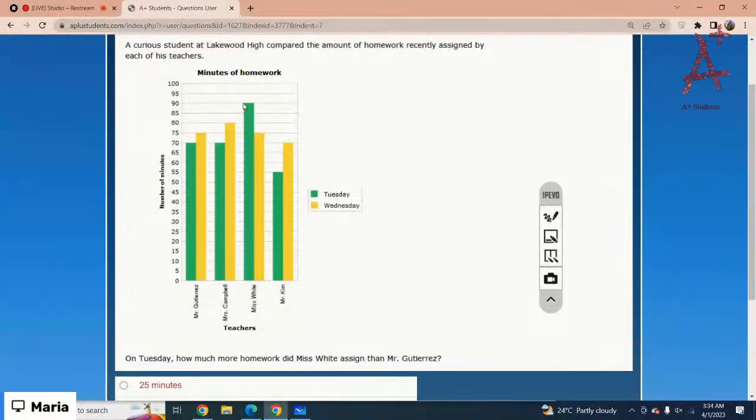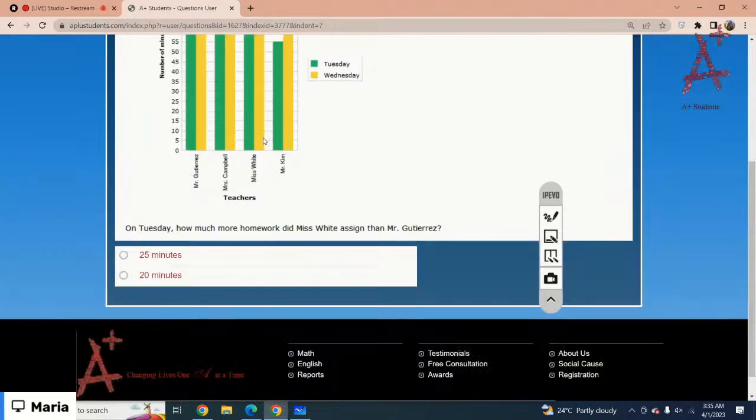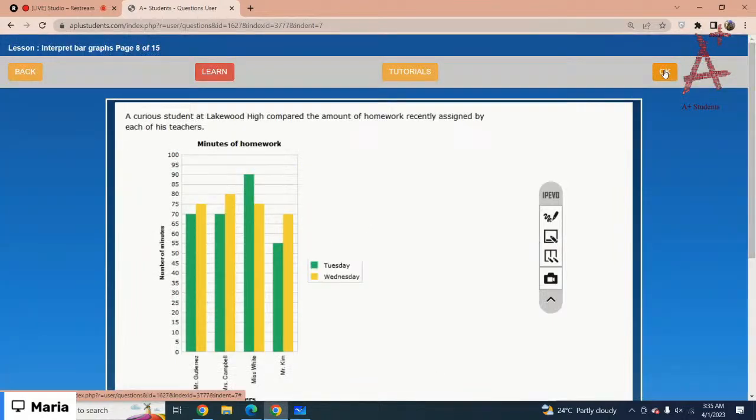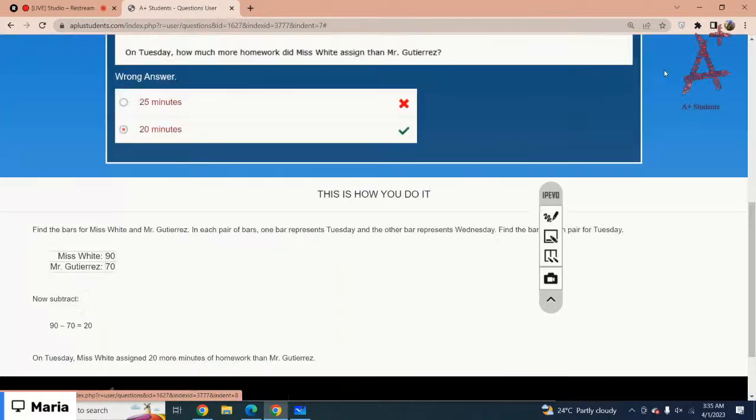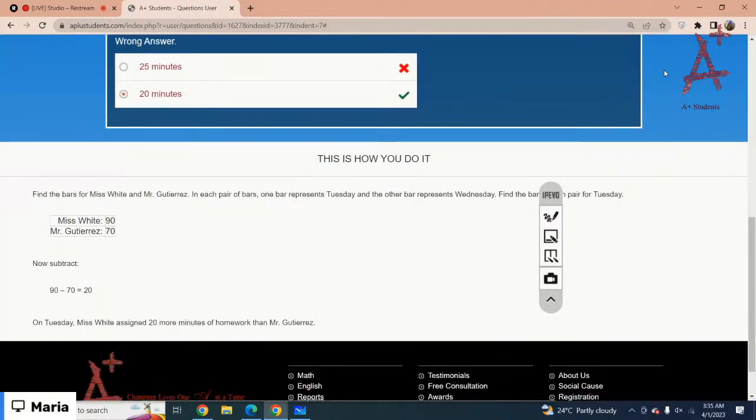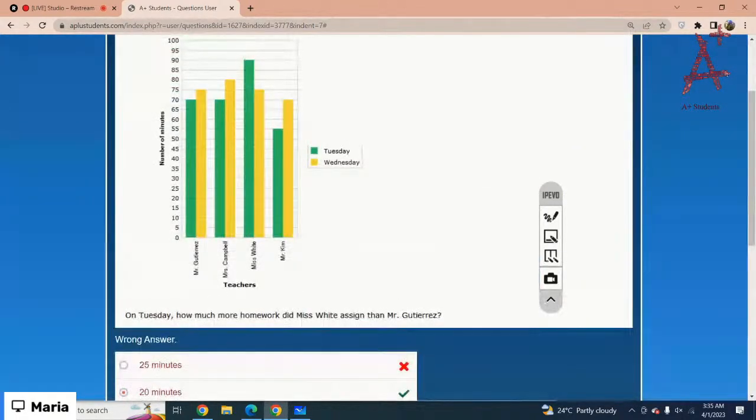For Miss White it is 90, and for Mr. Graves it is 75. So just subtract 90 minus 75, and it would be 25. That means Miss White assigned 25 minutes more than Mr. Graves. Got it? I selected 25.